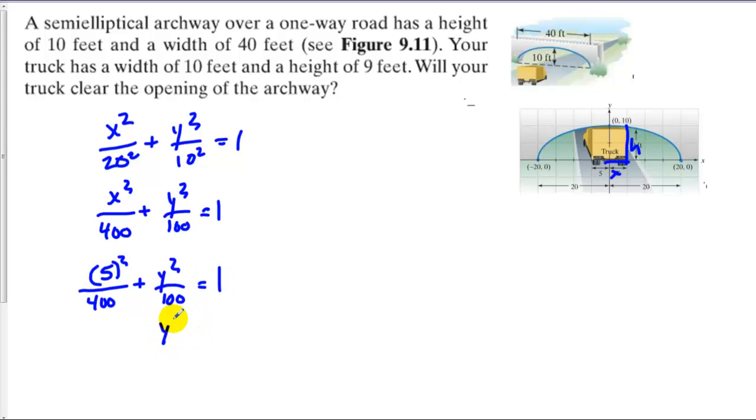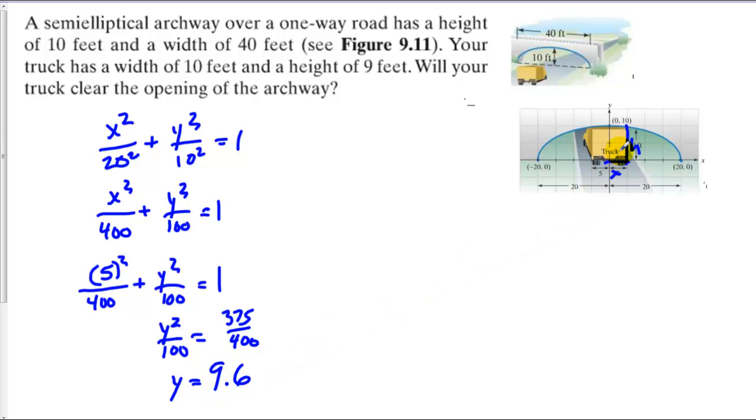Y squared over 100 is going to equal 375 over 400. That gives me a y value after solving of 9.6.